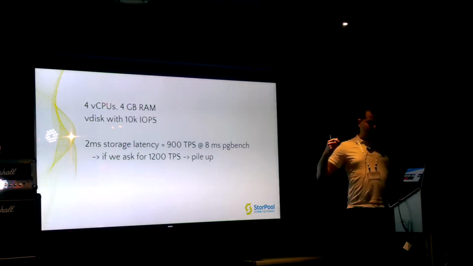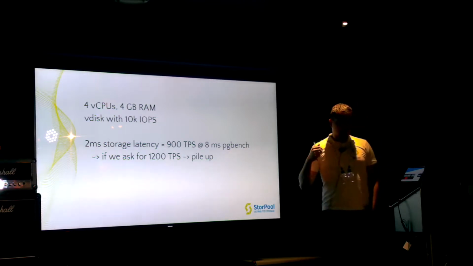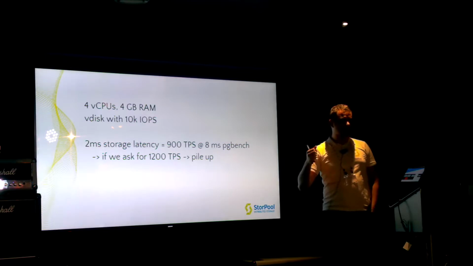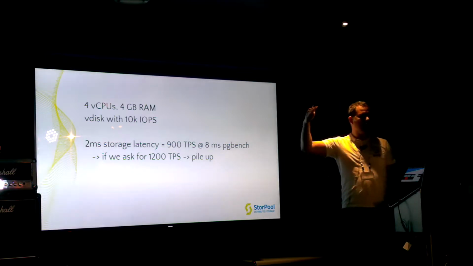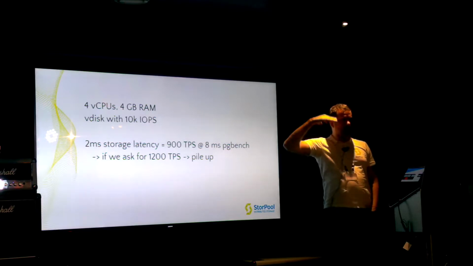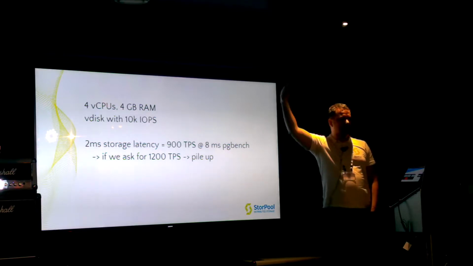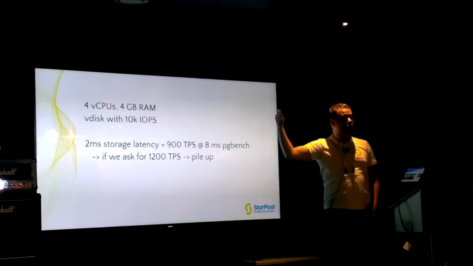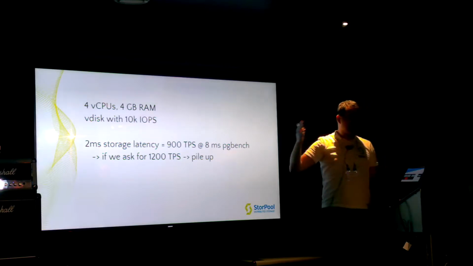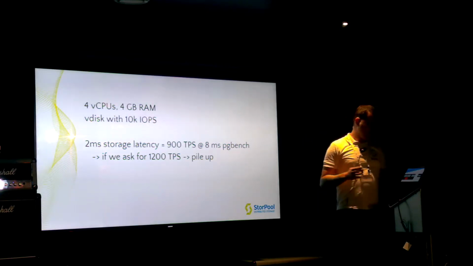Now, if we ask this system to do 1200 transactions per second, because it's not fast enough, the latency is too high, it starts to pile up. It goes above the knee of the curve, and it becomes saturated, and the latency just starts to pile up, and the users start to get applications that are not responsive. They start to get pages that are not opening, their application just goes dark.